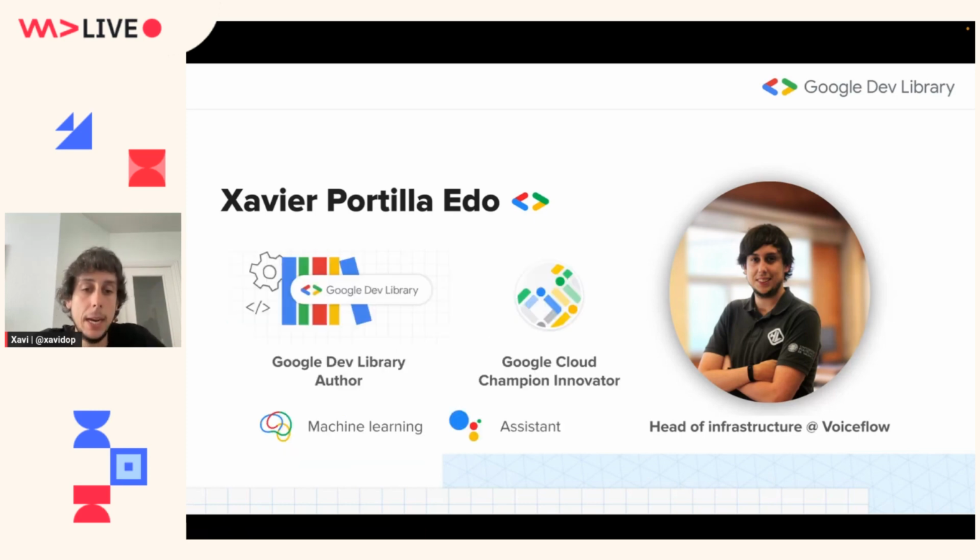One of the recognitions on the Google side is that I am a Google Dev Library author and contributor in the machine learning and Google Assistant things, and then I was recognized by Google as a Google Cloud Champion Innovator.